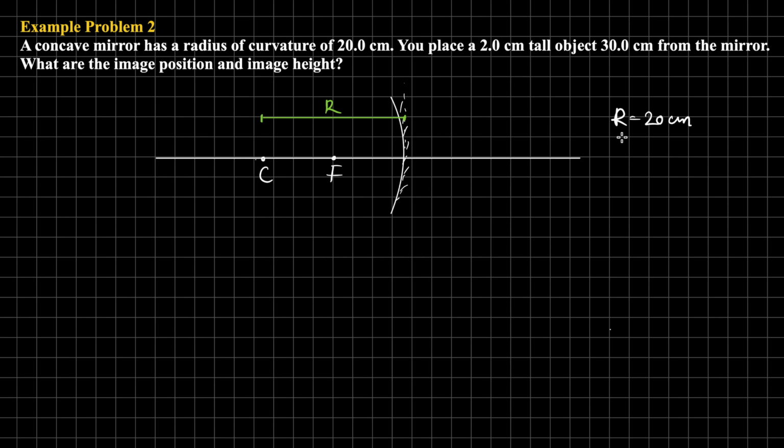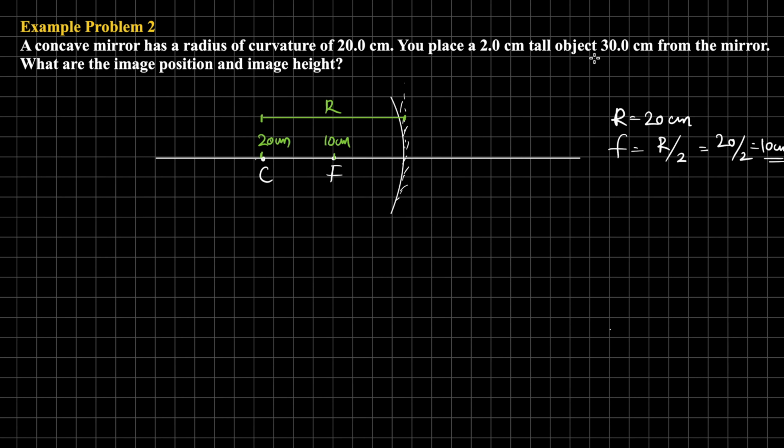If r is 20 cm, then focal length is half of that, r by 2, that is 20 by 2, 10 cm. So focal length is 10 cm. This point is 10 cm. This should be double, 20 cm.